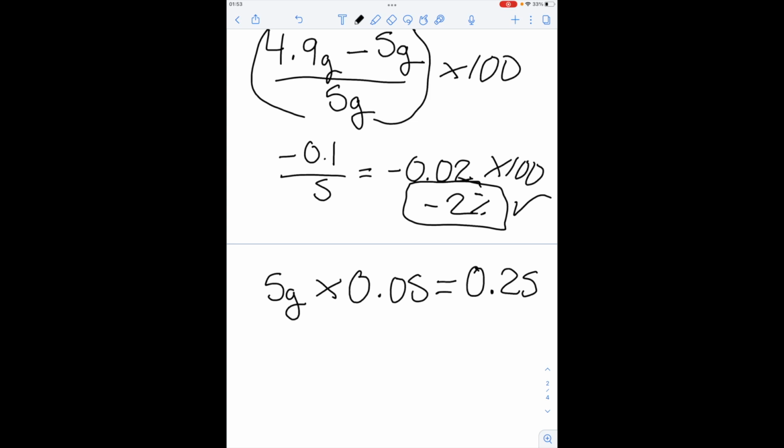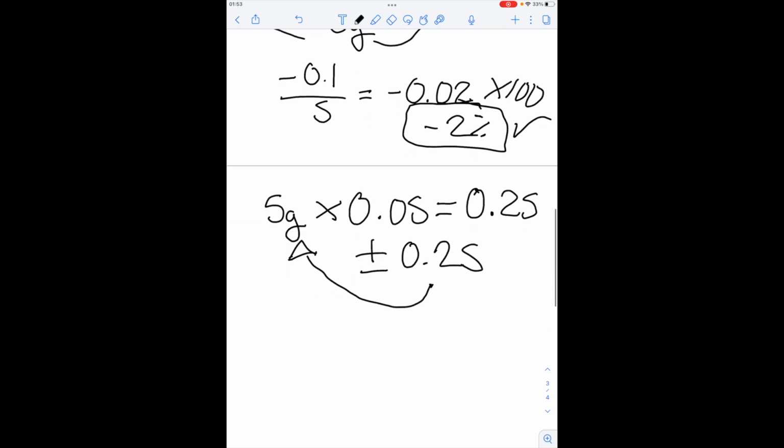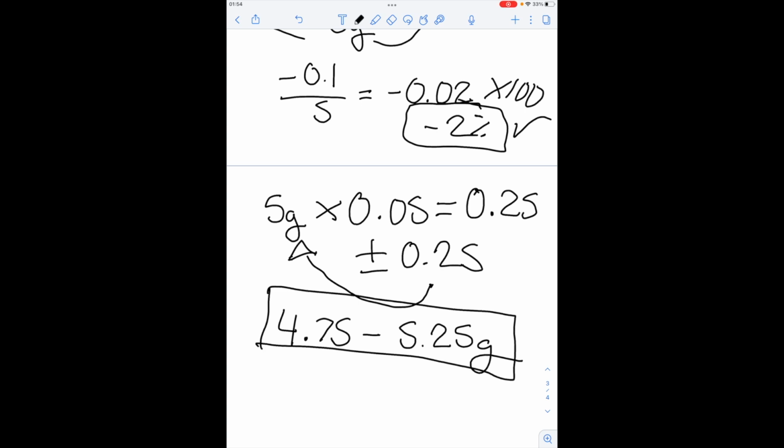So remember, then we're going to have to plus and minus 0.25 from our original 5 grams. If we do that, we end up with a range of 4.75 to 5.25 grams. So anything within this range would check out.